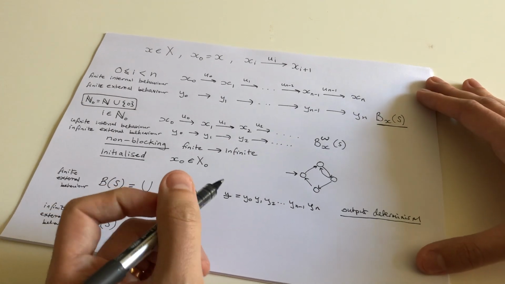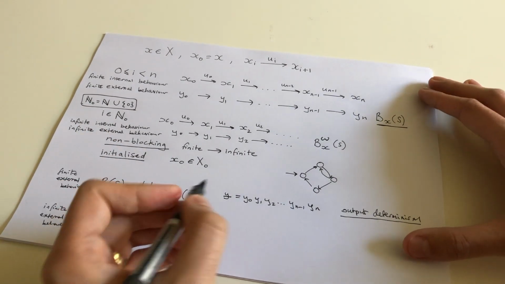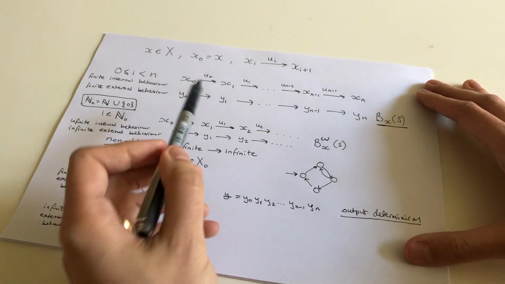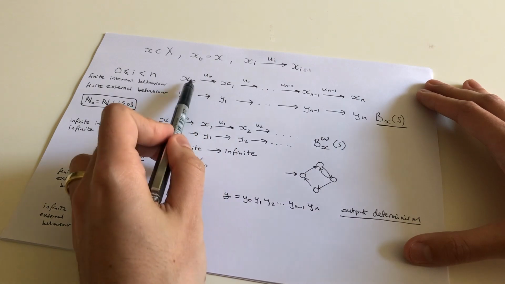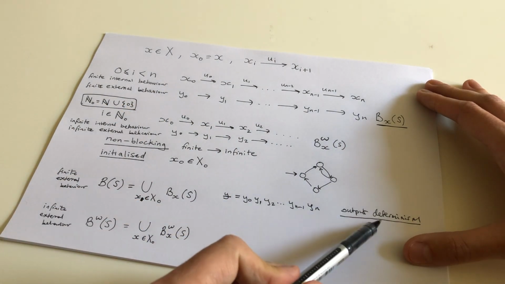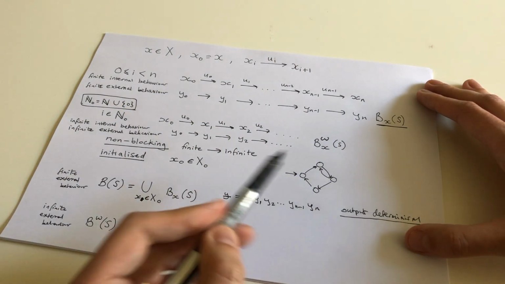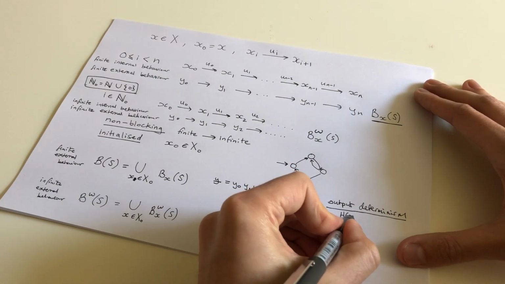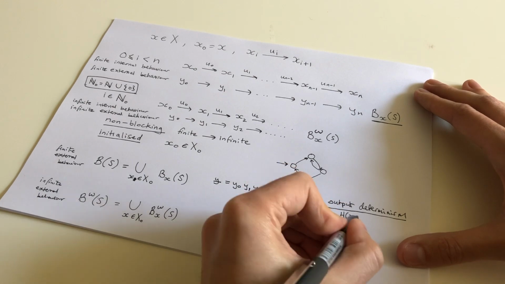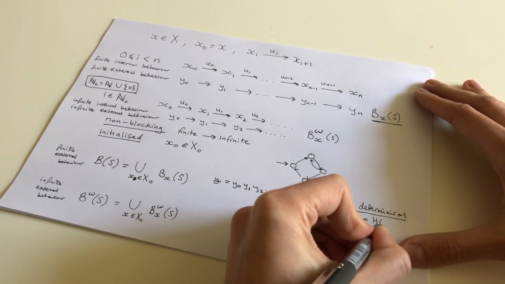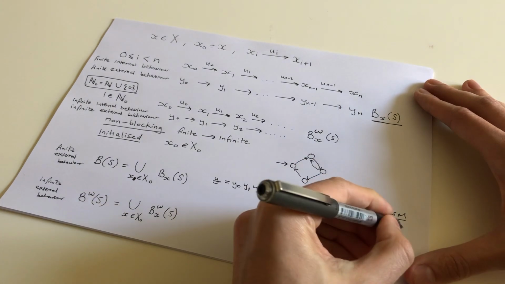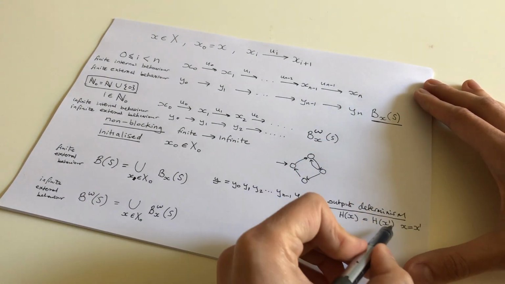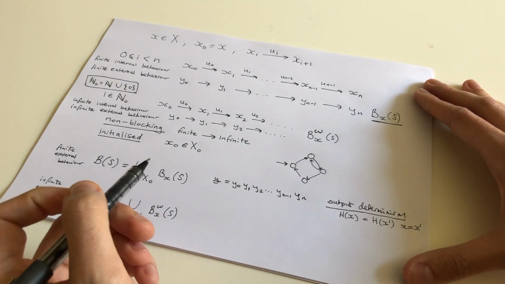And so how do we do that? Well, it's a simple inductive process. Of course, we can't see any of these states because they're internal, but because we know the system is output deterministic, we know that if h of x equals h of x dash, then x must equal x dash when these are successor states.